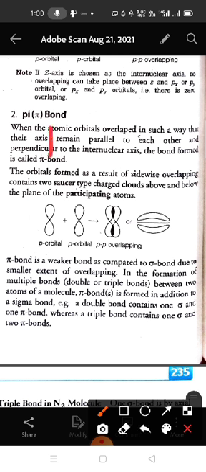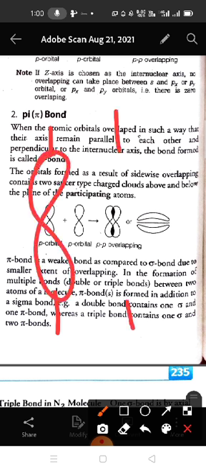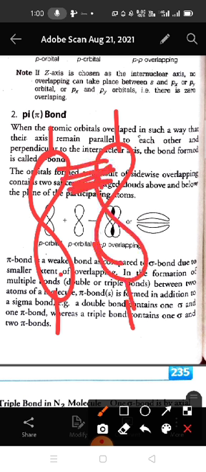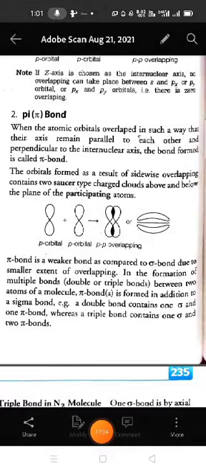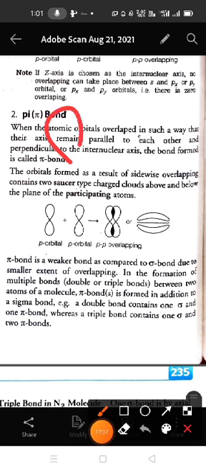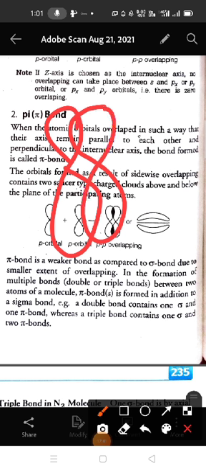So these are the axes, and the other orbital. When they overlap together, it is just like here and here. So you can draw it like that. So this is the overlapping area. Okay, and this is called pi overlapping.